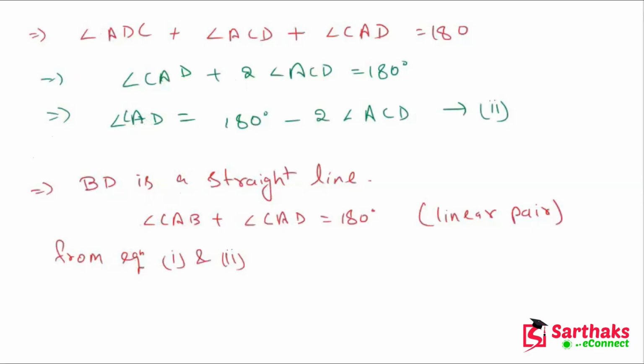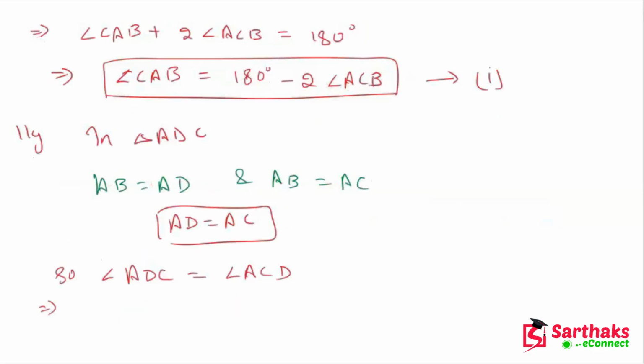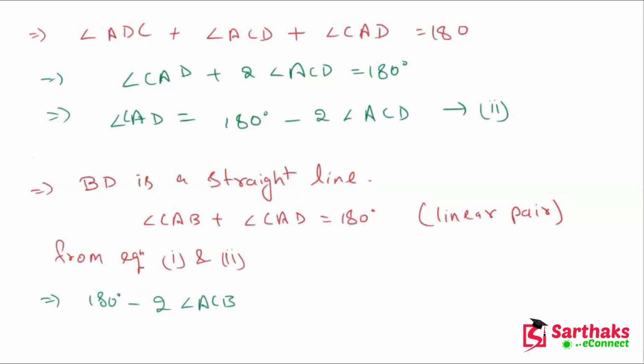We get 180 degrees minus twice angle ACB, plus 180 degrees minus twice angle ACD, equals 180 degrees.